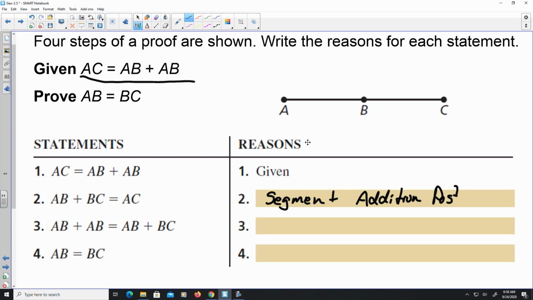Then from here, it went from AB plus AB is equal to AB plus BC. So we're just using the transitive property.